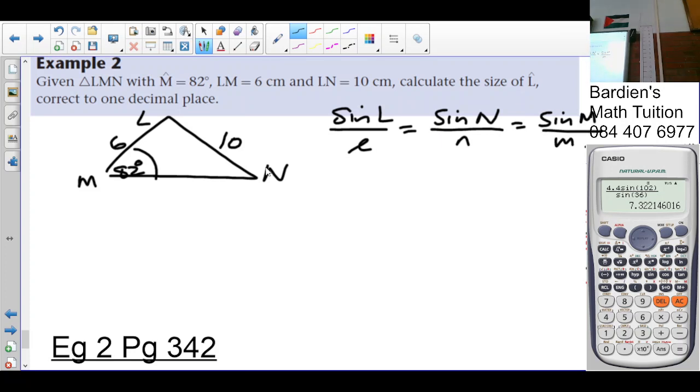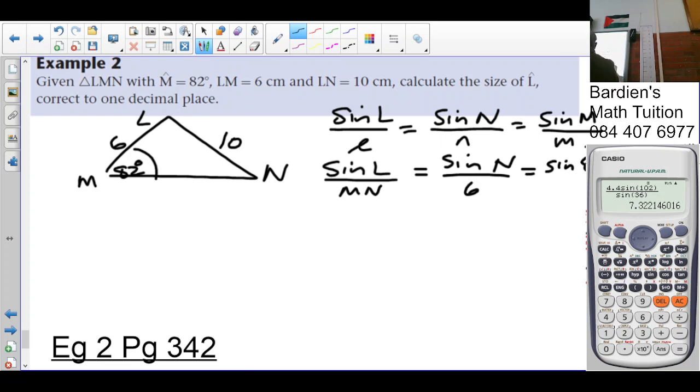Okay, so let's go for it. Sine of L. L is what you want to calculate. Over L, which is unknown. That's MN. Not so? Equals sine of N, which is unknown, over 6, equals sine of 82 over 10.